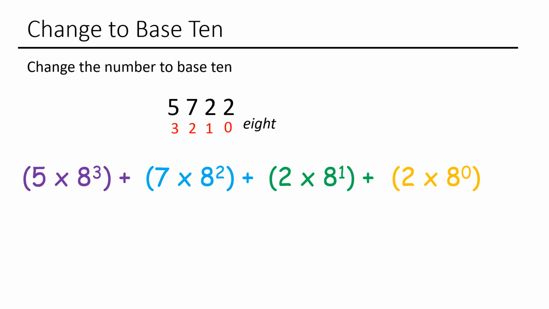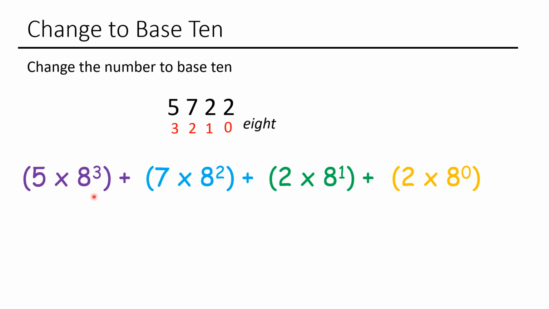Okay, now is when you want to grab your calculator and you want to actually multiply this out and see what these numbers are. So for example here, 8 to the 3rd power is 8 times 8 times 8, which when you do that, you get 512.